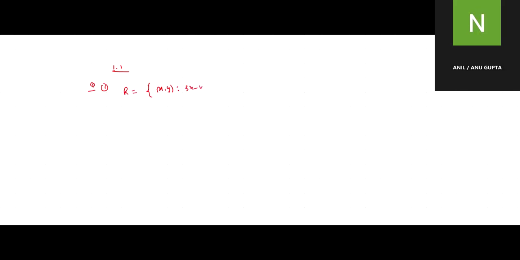And what is the set they have given? 1 to 14. Basically, our natural number till 14. You have to prove whether it is reflexive, symmetric, transitive.